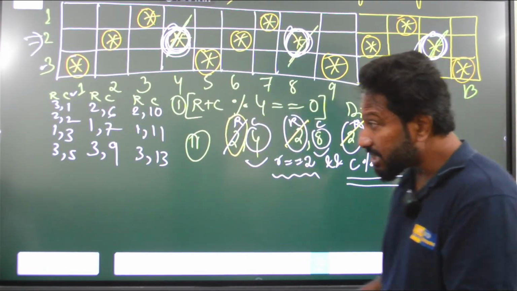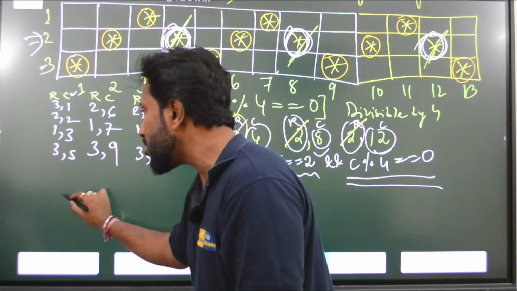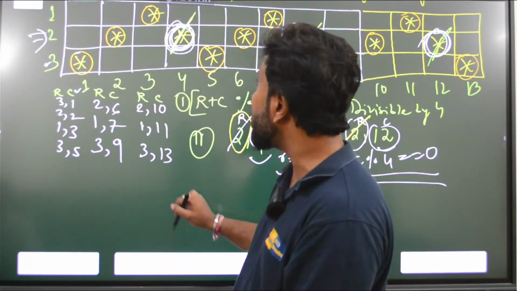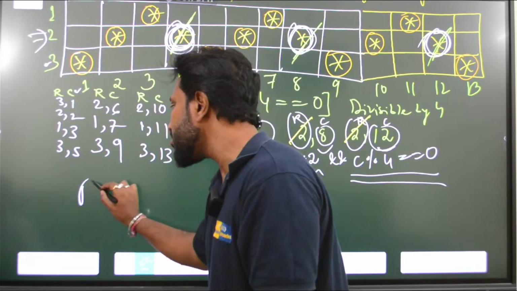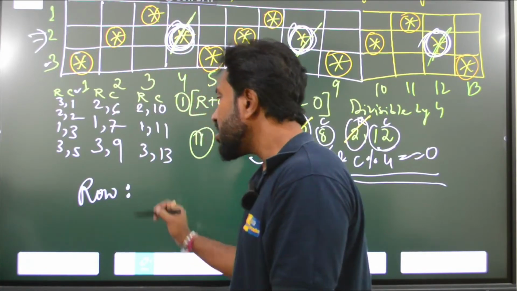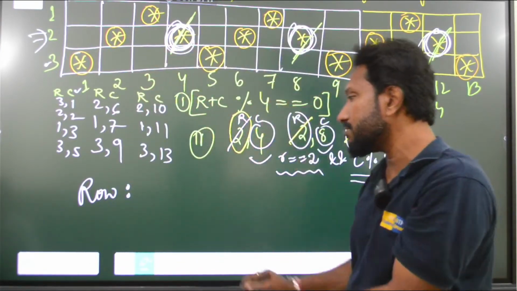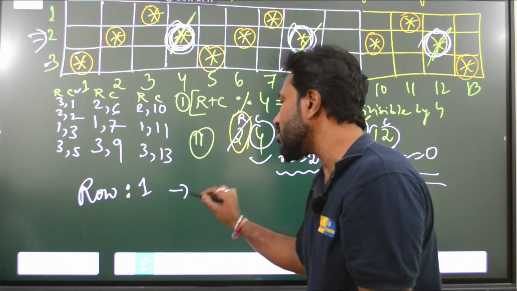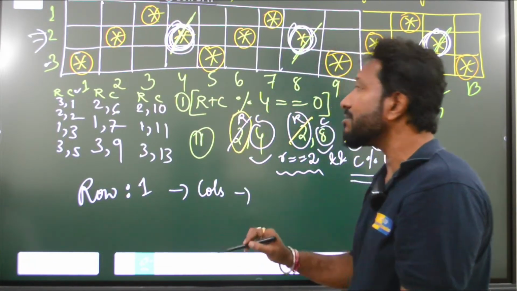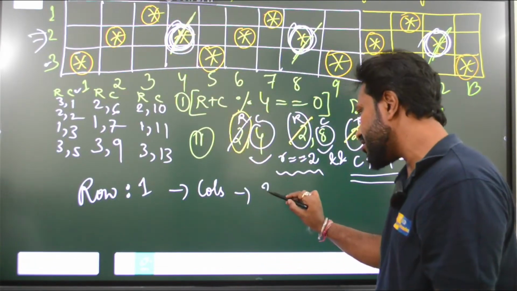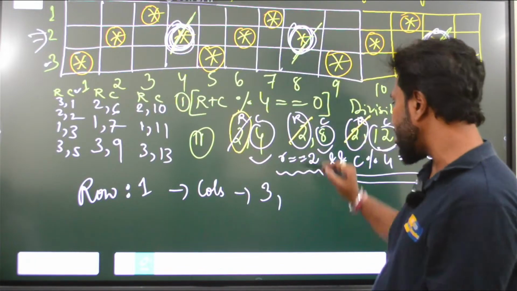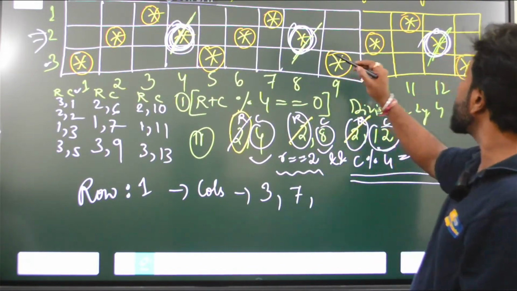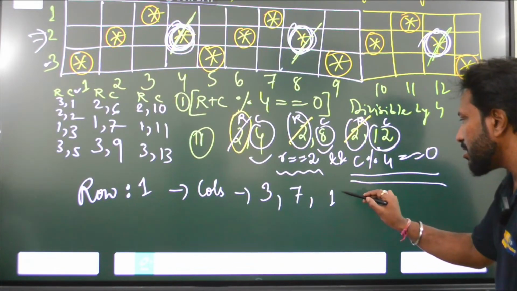Try to understand. For the first row, sorry, I think I need to change it. For the first row, just think of row 1, which columns are printed? Just see and tell me. The column number 3 is printed, the column number 7 is printed, and the column number 11 is printed.